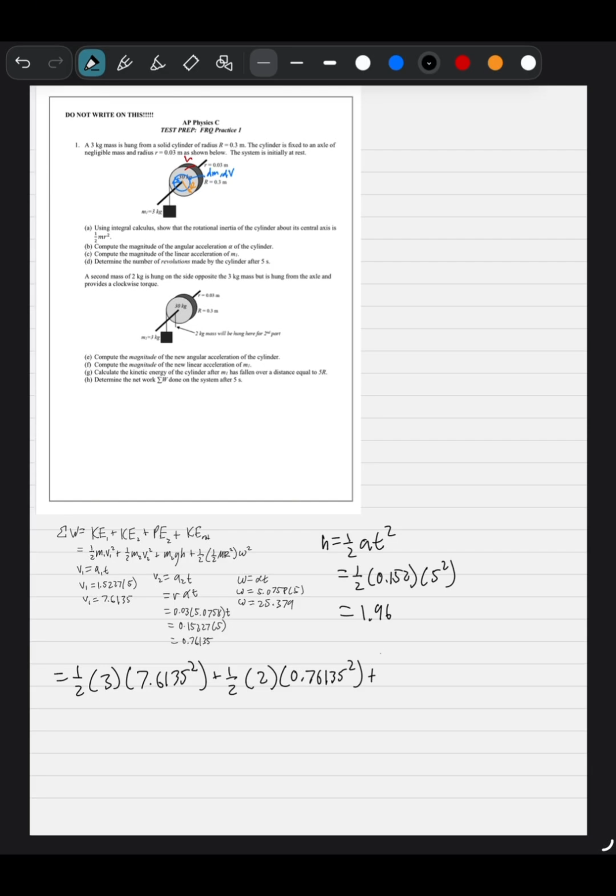So we plug h back in. We'll condense the 2 1/2 into 1/4. Equal to 560.7 joules.